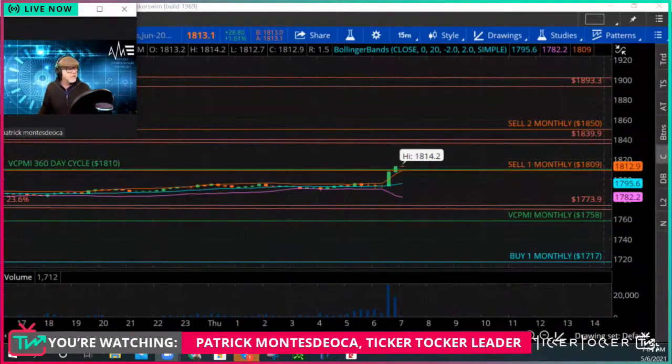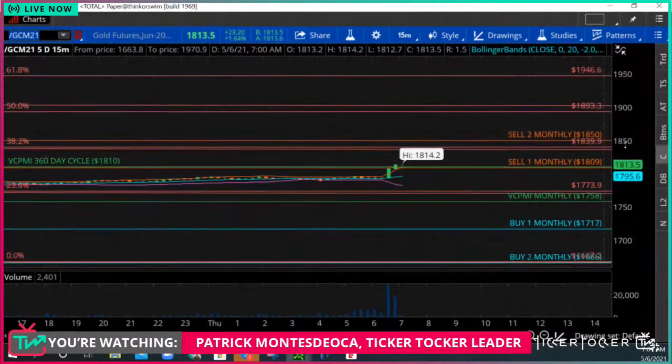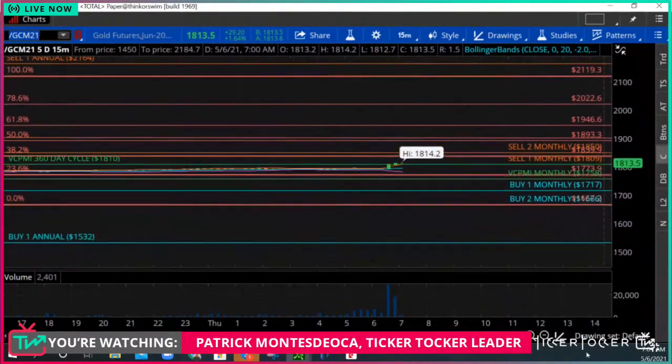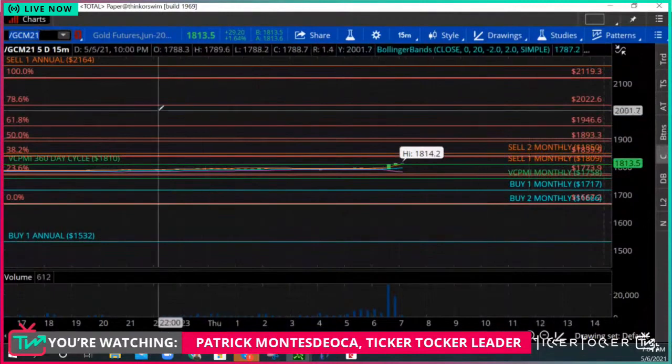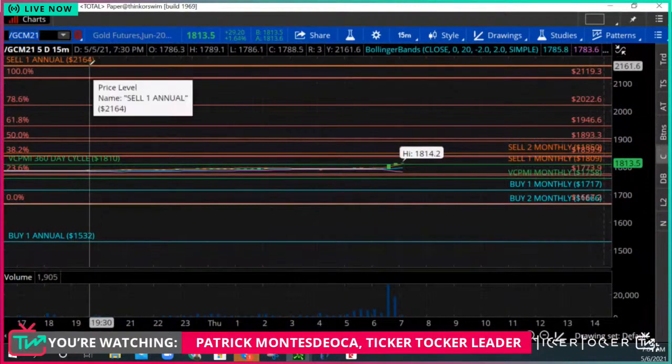And the market now penetrating the 1810 level with a high now of 1814.20 has activated the upper end of the target zone, or the extreme above the mean of the 360-day cycle at 2164.